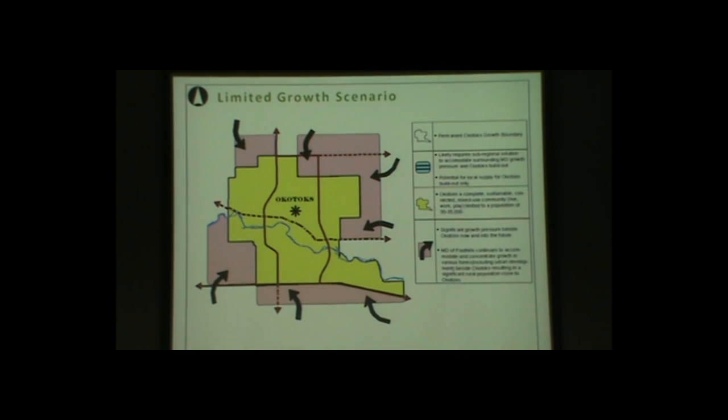And in the long term, the MD of Foothills would continue to accommodate that growth pressure and concentrate growth in various forms right beside Okotoks, resulting in a significant rural population close to Okotoks. And that's represented by the pink areas around Okotoks.